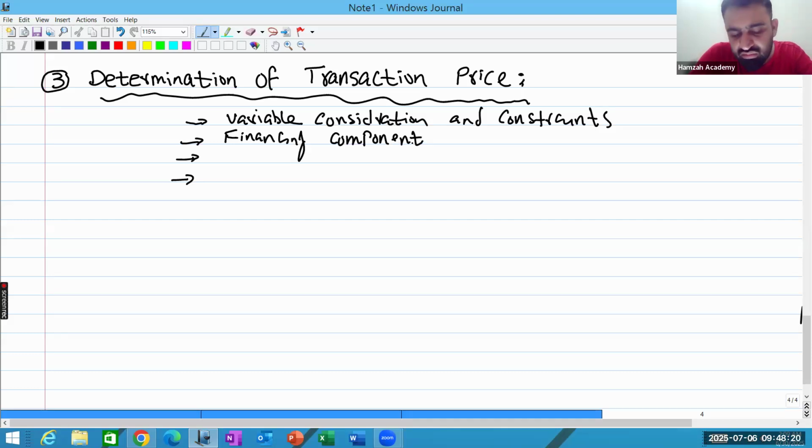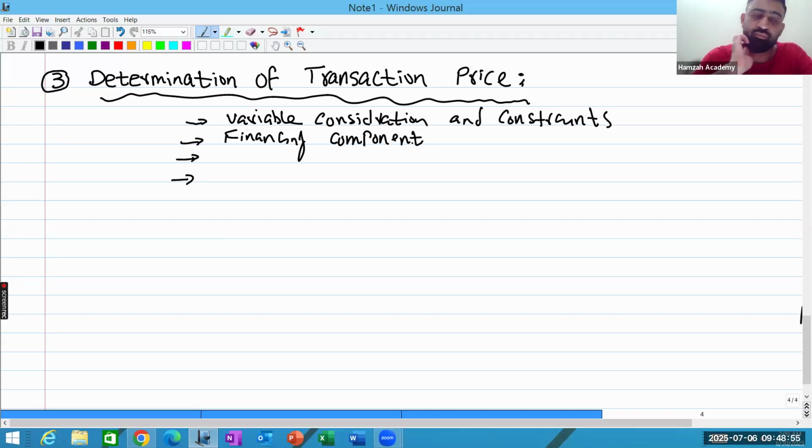Now, if I give you a brief example of variable consideration, like for example, we have a contract with a customer to deliver 100 units of our residential complex, and we have agreed $100 million. But as per the terms, if we deliver the residential complex within 1 year, they will pay us extra 10 million US dollars.